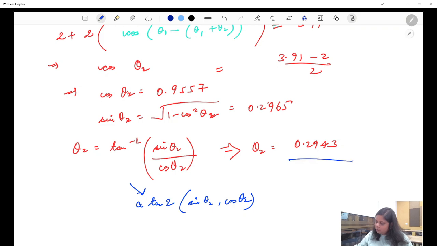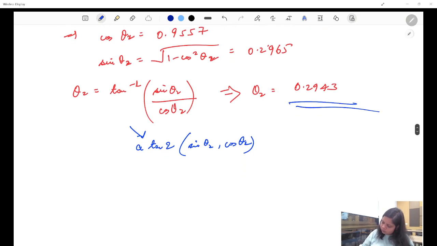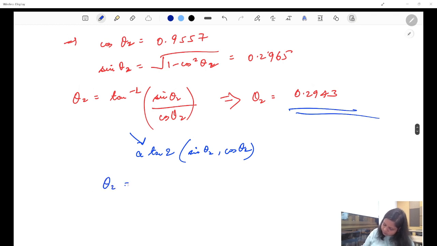So you have obtained theta 2 from this value. Let's convert it into degrees. So 0.29. Is this tan value correct? Can you verify once?